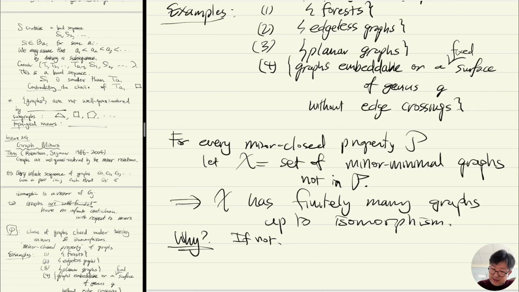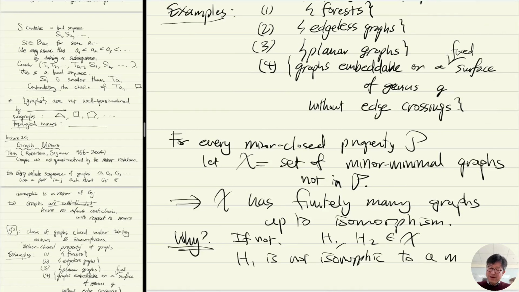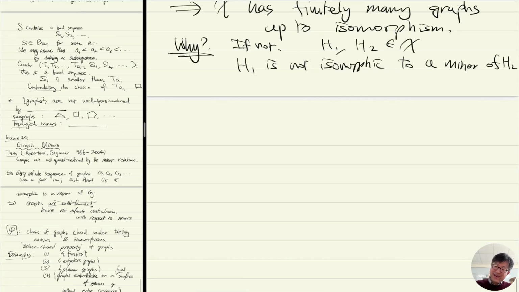If you have two graphs, let's say H1 and H2 in X, then H1 is not isomorphic to a minor of H2.